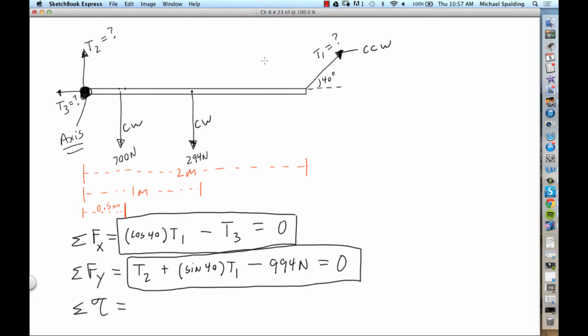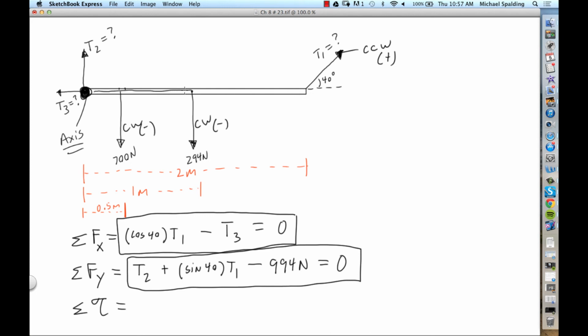Okay, so should we say counterclockwise is plus? It doesn't matter which one's plus. Let's say that counterclockwise is plus, and then clockwise is minus. Let's just go with that. Okay, T1 is going to be tricky because why? Is T1 perpendicular to the board? No, it's like this.